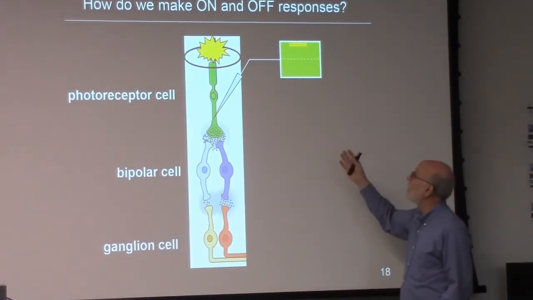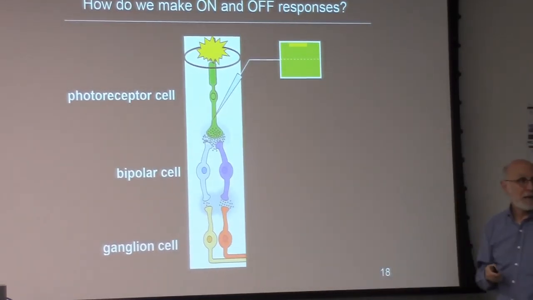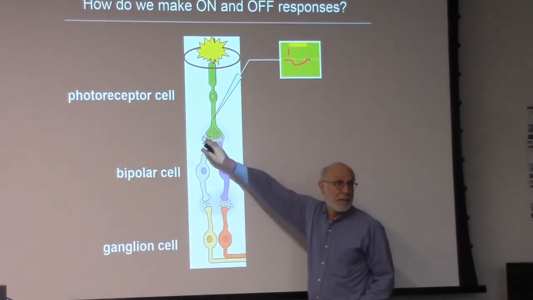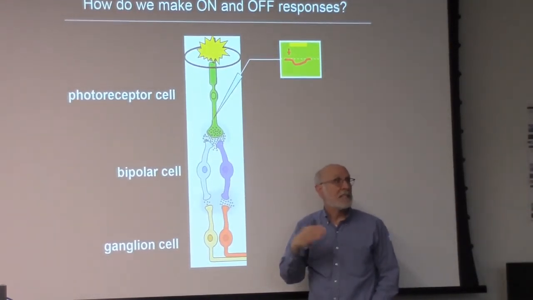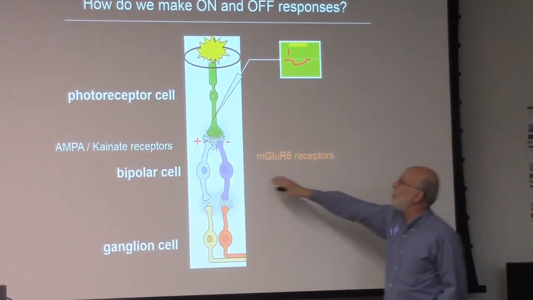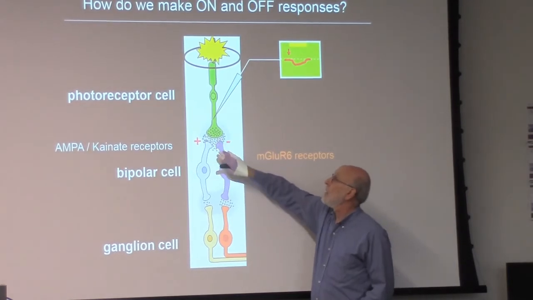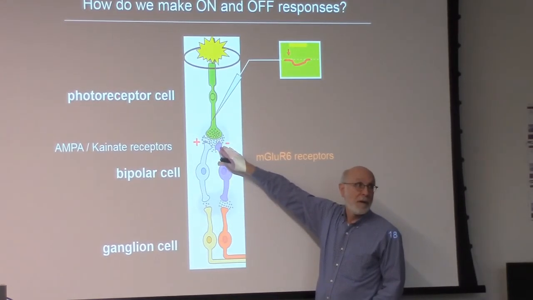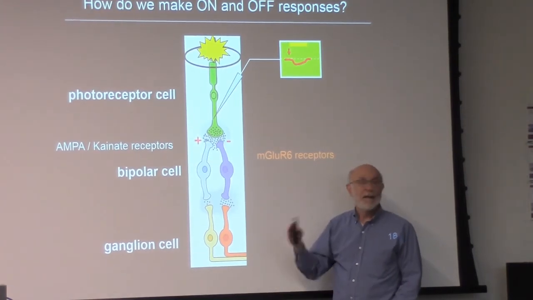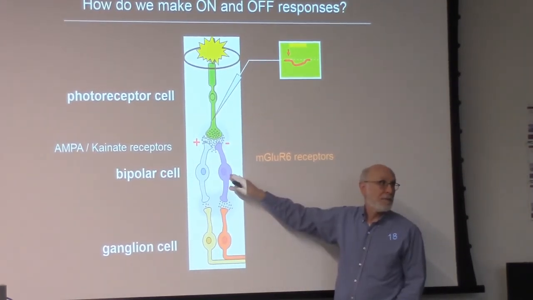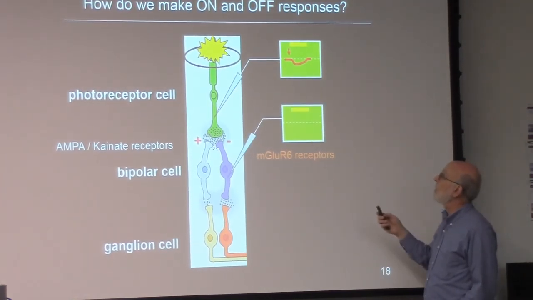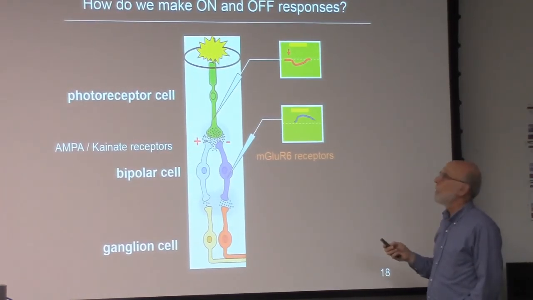Okay. Light hits the photoreceptor cell, hyperpolarizes it. Hyperpolarization causes less glutamate release. Less glutamate activating an inhibitory receptor. Less inhibition is depolarization.